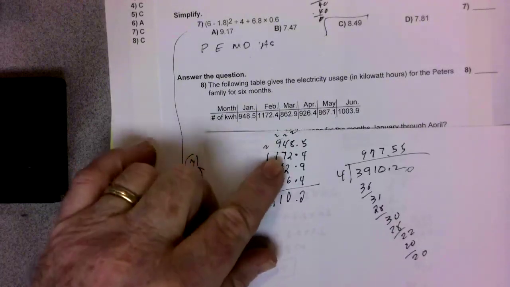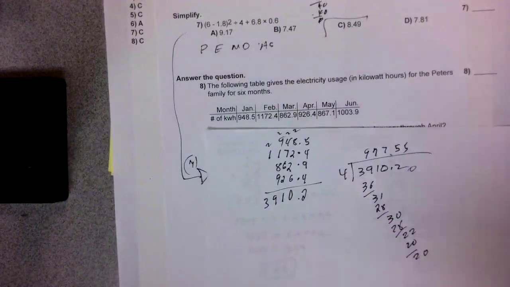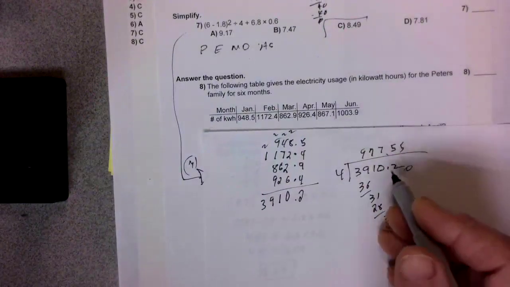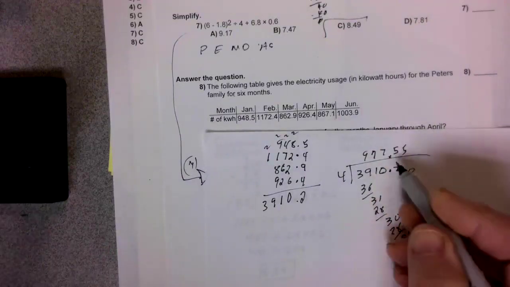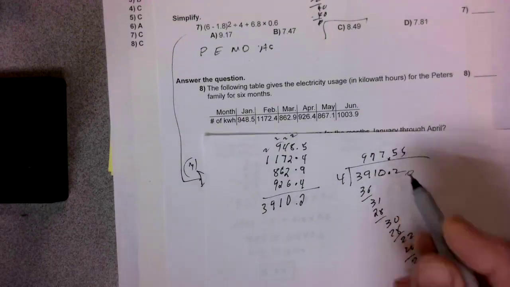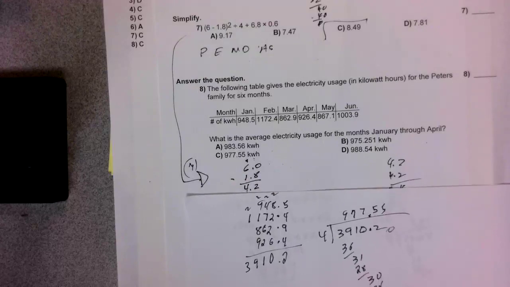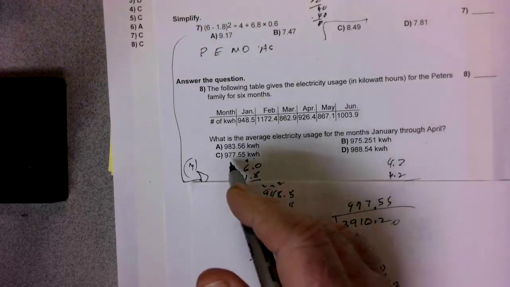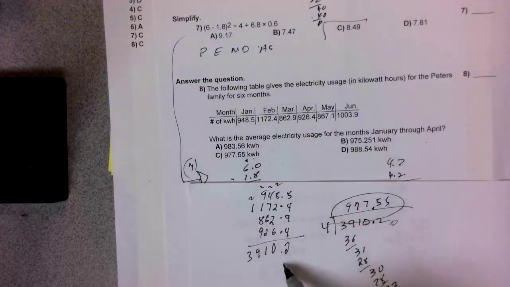So I simply added them up here and then divided by 4. This was not hard. I didn't really have to worry too much about the decimal until I got to the very end here. And then I got 977.55 as the answer for that one. And so that was C. 8 was C. And here was the answer here. So we added these up, then divided by 4.